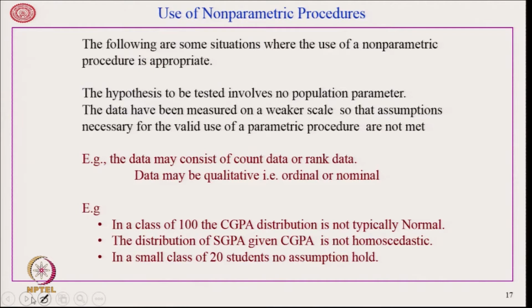So, question comes, where do we use non-parametric methods? Very valid question. So, the following are some situations where the use of a non-parametric procedure is appropriate. The hypothesis to be tested involves no population parameter.